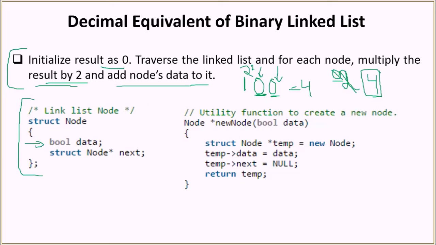So we are fine with having the Boolean value as the data in this case. Then we have a structure of node type, the pointer to the next node. That is the usual linked list stuff. Then here we have the utility function to create a new node. We just create a new node, assign the values to the data and the next pointer, and then return the new node. That's it.